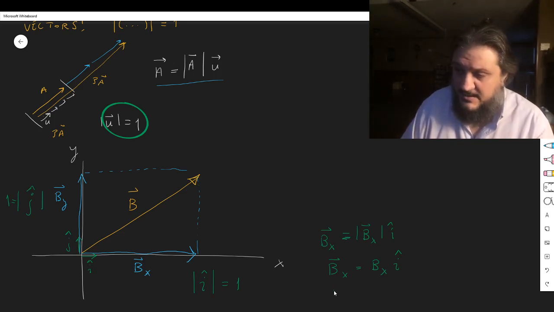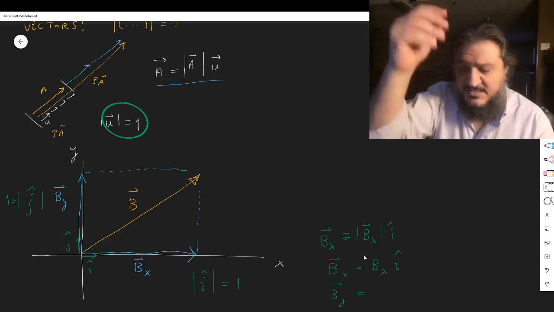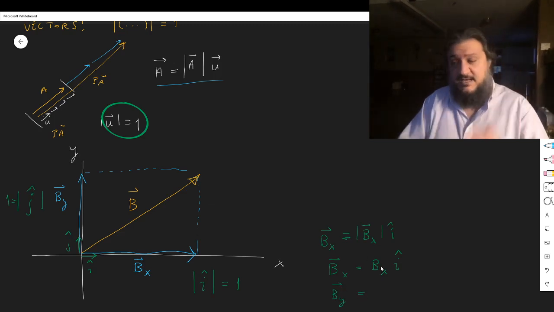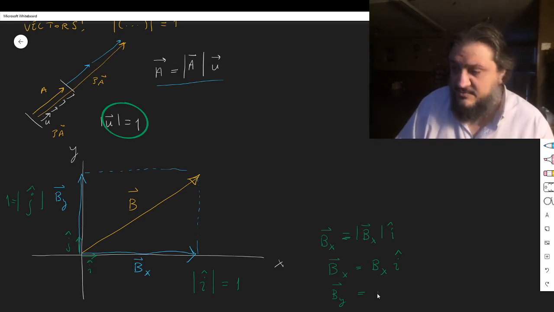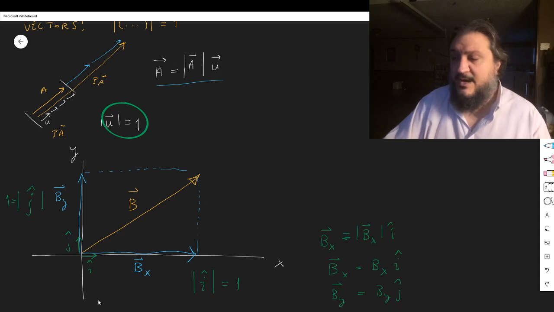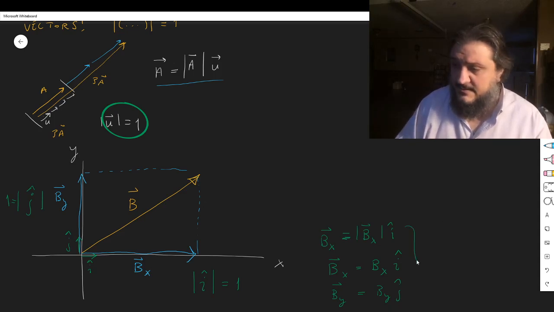Similarly, by points in the y direction along the j hat direction, so I'm going to write it as by j hat. So combining the two, you can scratch this one, you don't need that. These two are the ones you need.